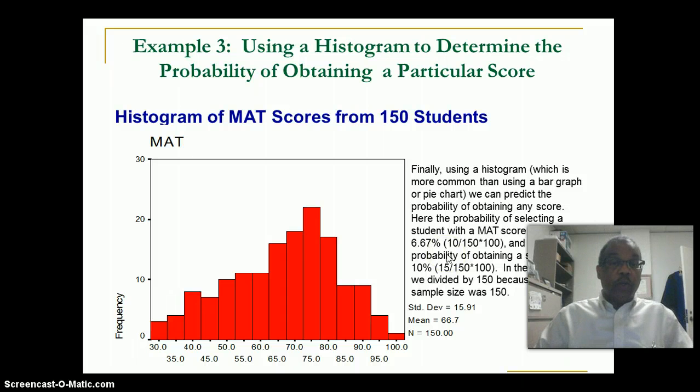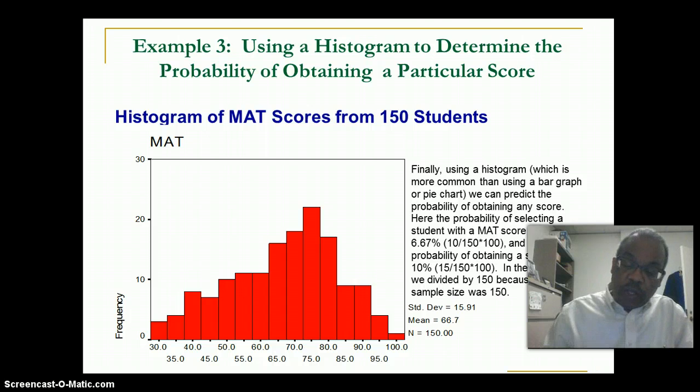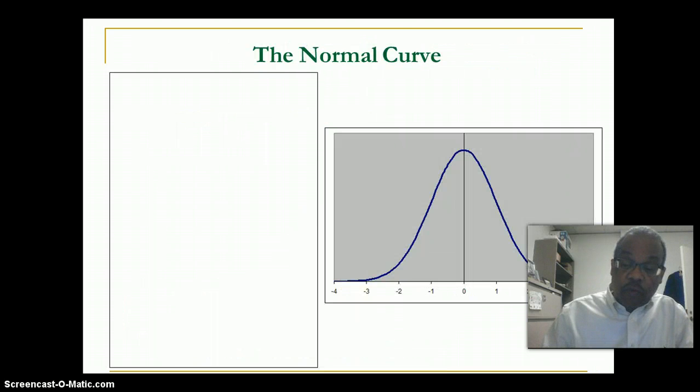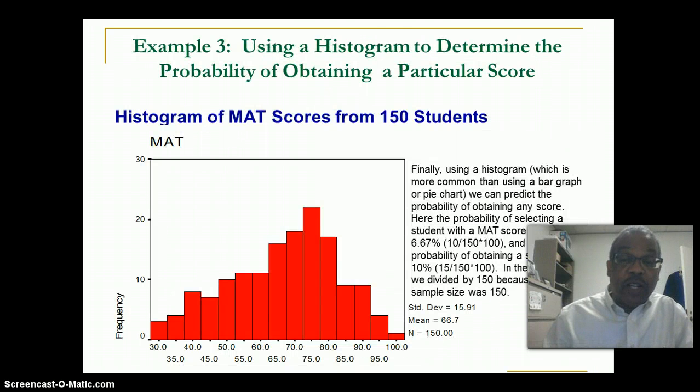So we would conclude that if you were to find someone who took the MAT and ask what's the probability of them getting a score of 50, that probability would be 6.67%.